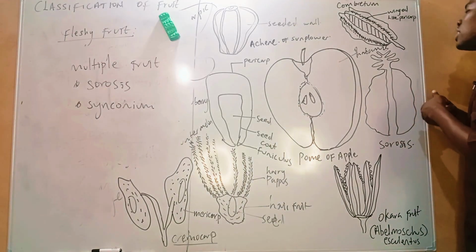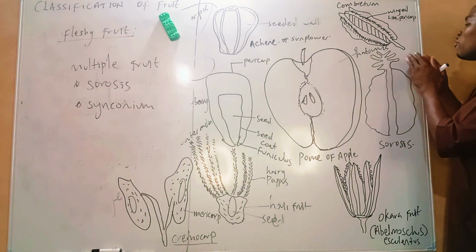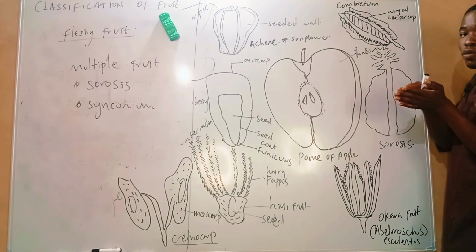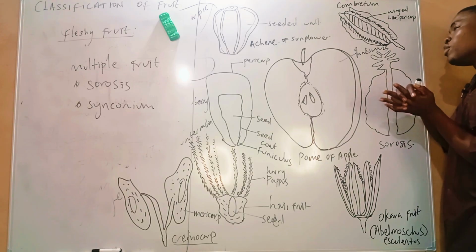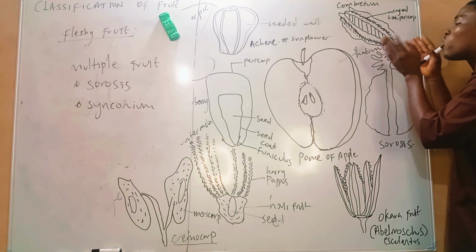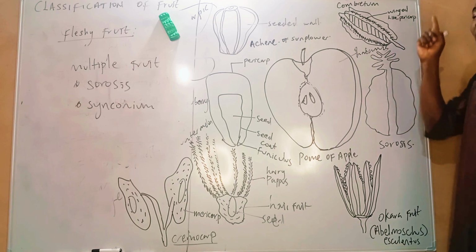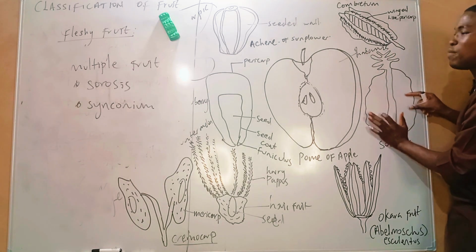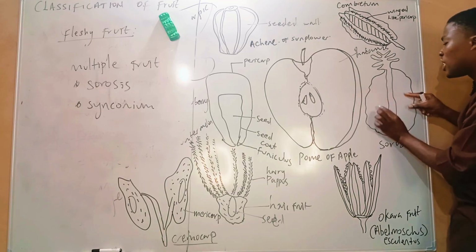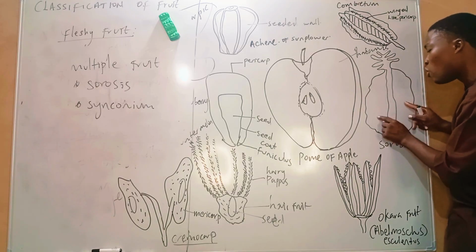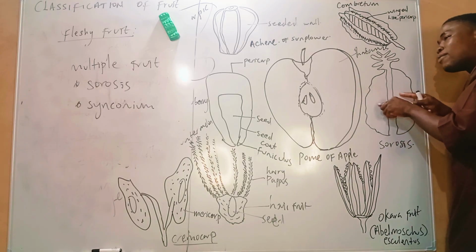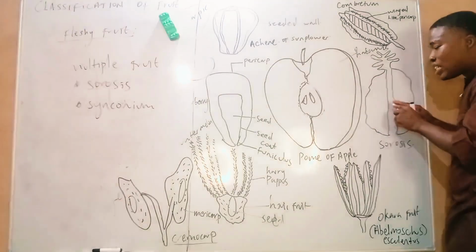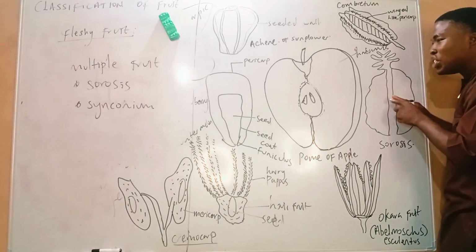So in sorosis, the fruit, or rather the ovary, is not well developed. It has a constellation of carpels at the top. The fleshy and edible part is now the receptacle. This receptacle has no seed inside, no fruit enclosed in it.